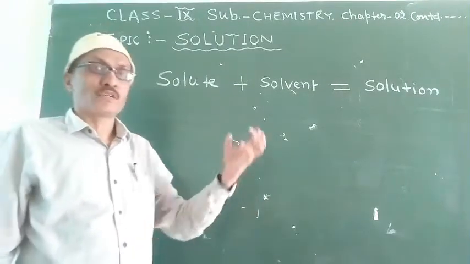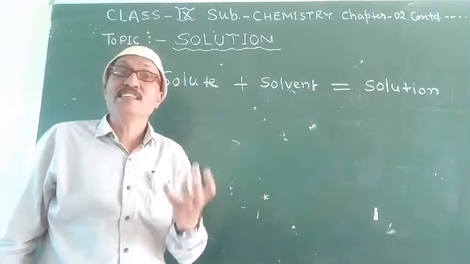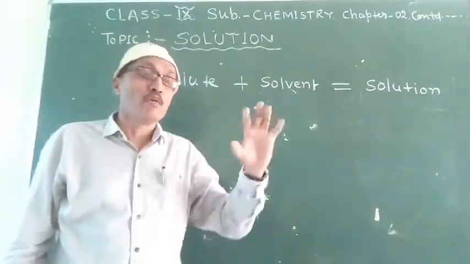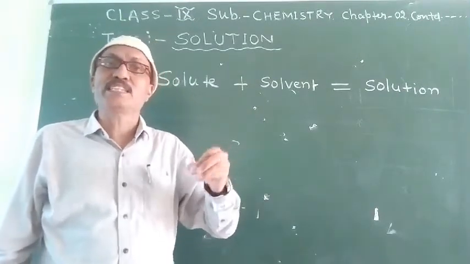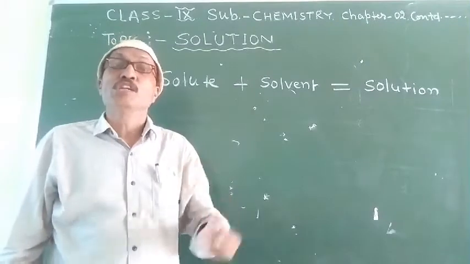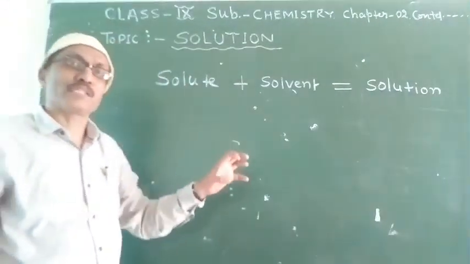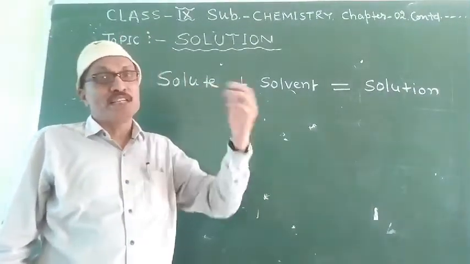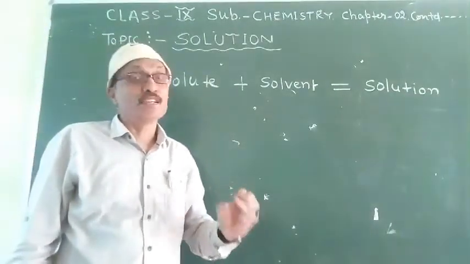But in sugar solution, generally water is taken in excess and sugar is in lesser quantity, so sugar is considered as solute and water as solvent. Just opposite to it, in chasni, sugar is solvent and water is solute.